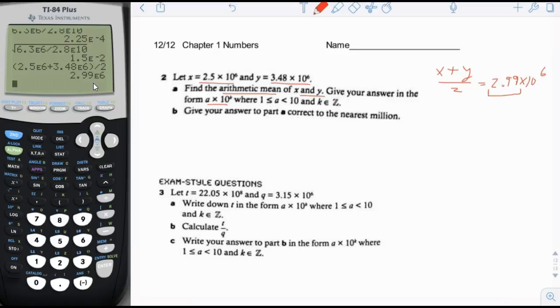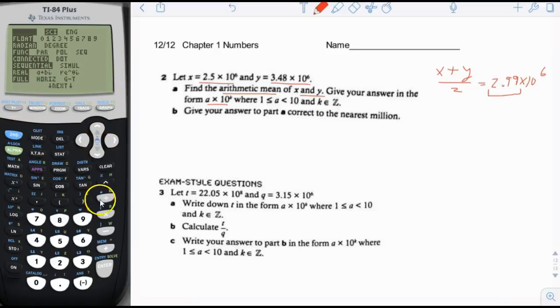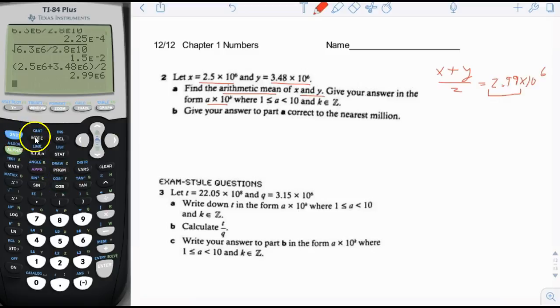Okay, so to do that, we need to write it out as a real number, just to see, because maybe you don't know how many zeros there are in a million. So let's change back to normal mode, and then we're going to retype this in, and we're going to see what it looks like in normal mode. It looks like that. So a million has 6 zeros, and then the millionth digit.